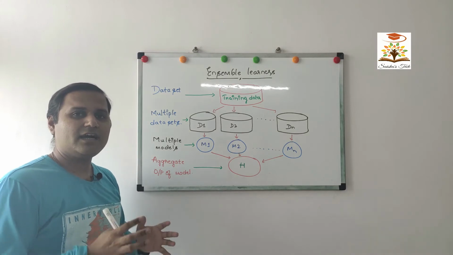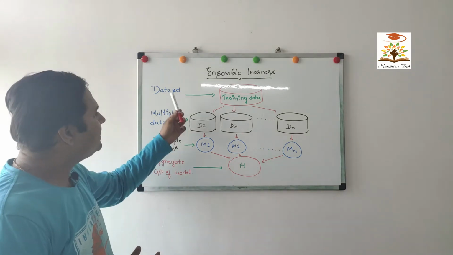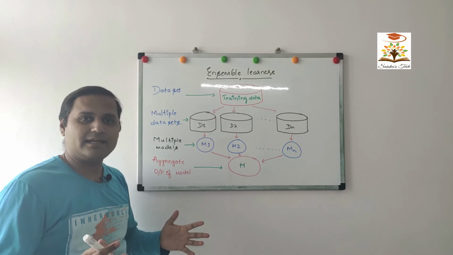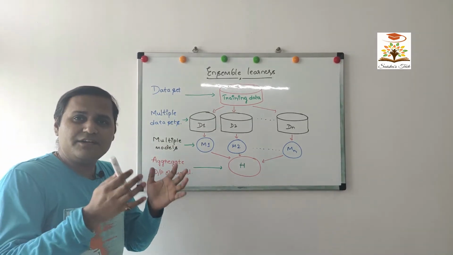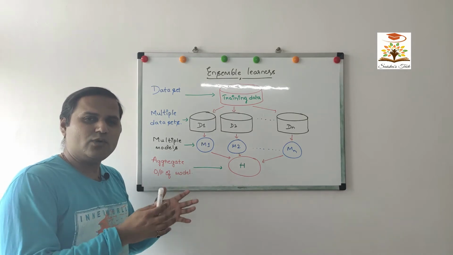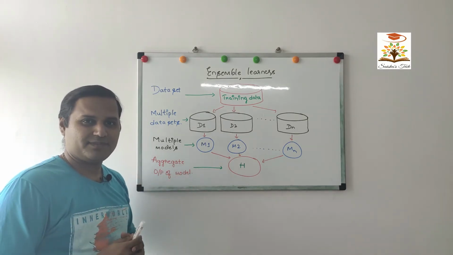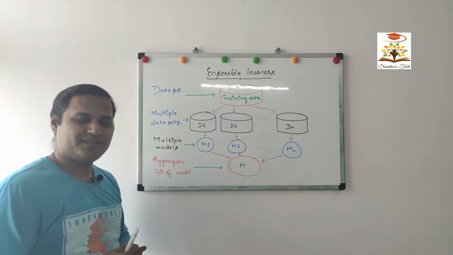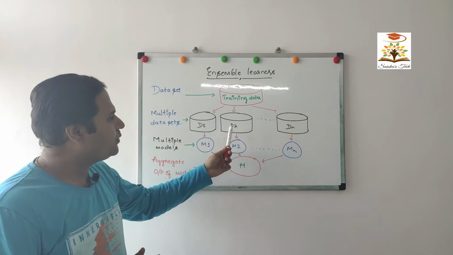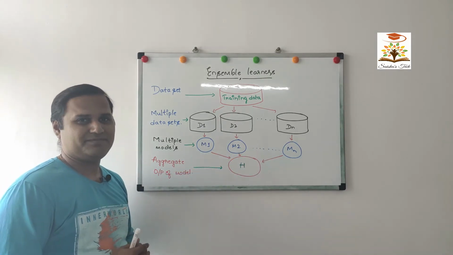We consider a data set. This data set is the training data set. In the next step, we divide the training data set into multiple chunks. That is also called as multiple data sets, named D1, D2 till Dn.